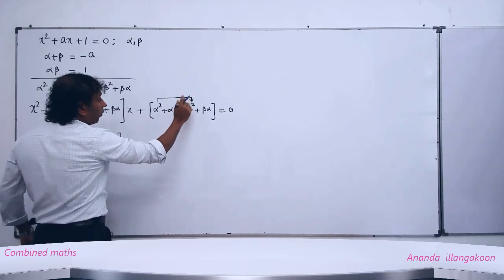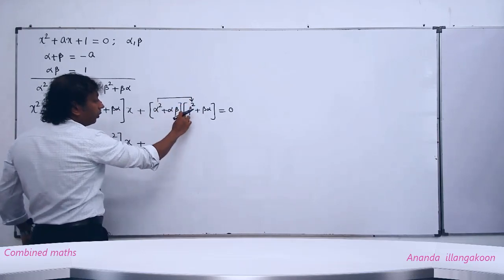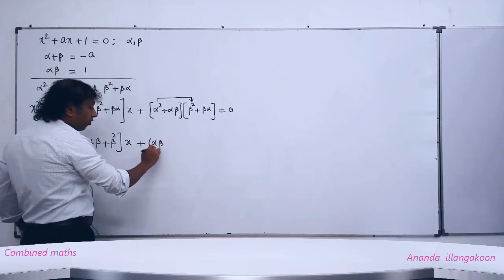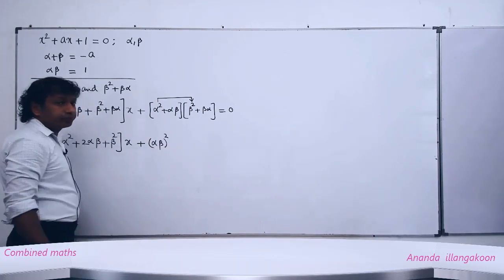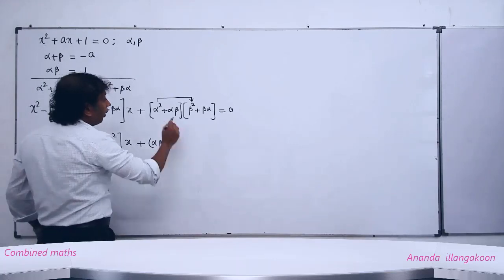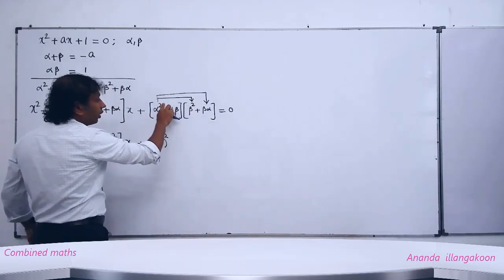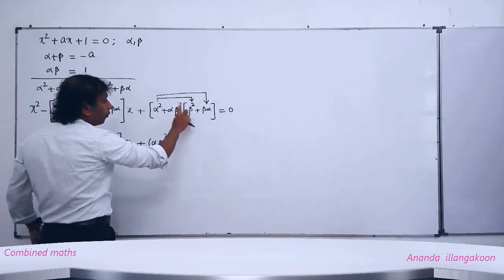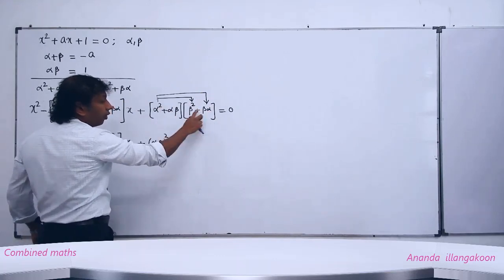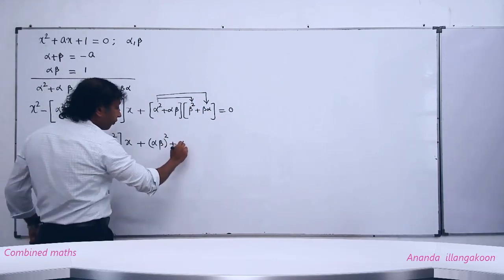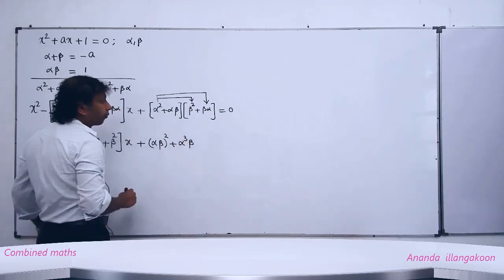Now we multiply this and this. What do you get? Alpha squared into beta squared. Alpha squared into beta squared means, people, alpha beta squared. And this when you multiply, people, what do you get? Alpha squared into beta alpha, this alpha squared and this alpha cube beta. Right.